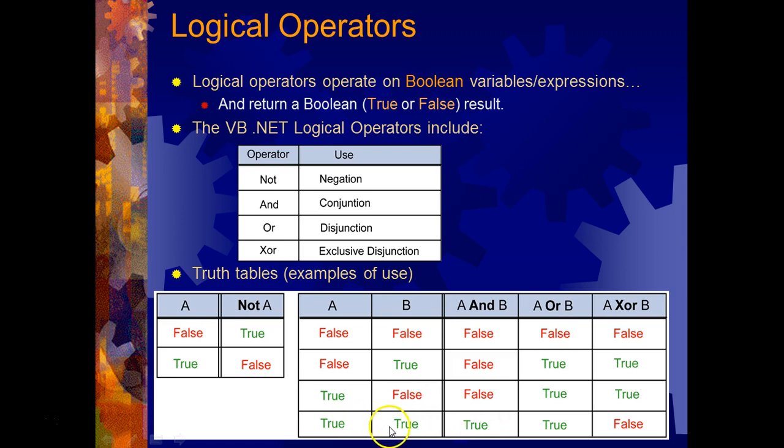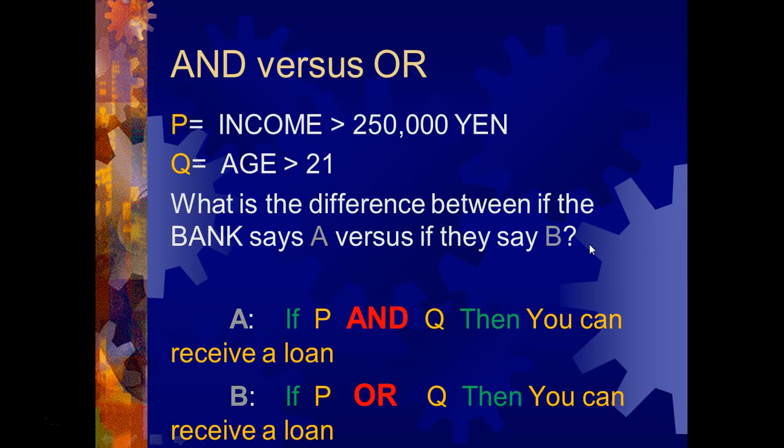So in the case where A and B are true, then "A and B" will also be true. But in the case where A is true and B is false, "A and B" will not be true, right? We just said that here: if your income is greater than 250 but you're 18, then we're not going to run this code because this will not be true.